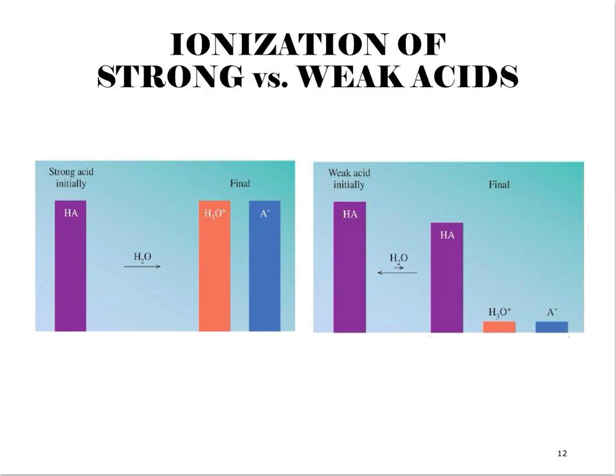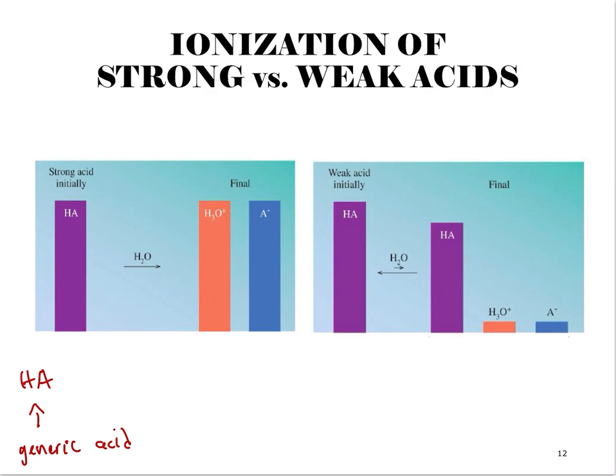So for strong acids, the representation for an acid is usually HA, right? Because we're always donating protons. Whenever you see HA, this just means a generic acid, and whether it's strong or weak, I would have to tell you.